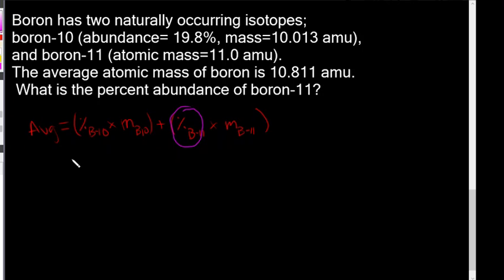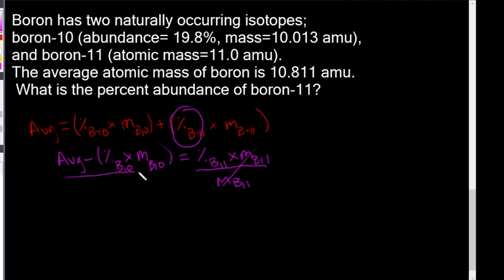So you want to do some quick algebra, and we'll go the average, and we'll subtract this to the other side: minus percent of B10 times the mass of B10 equals the percent of B11 times the mass of B11, and then we will divide by the mass of B11 because we want to isolate this.